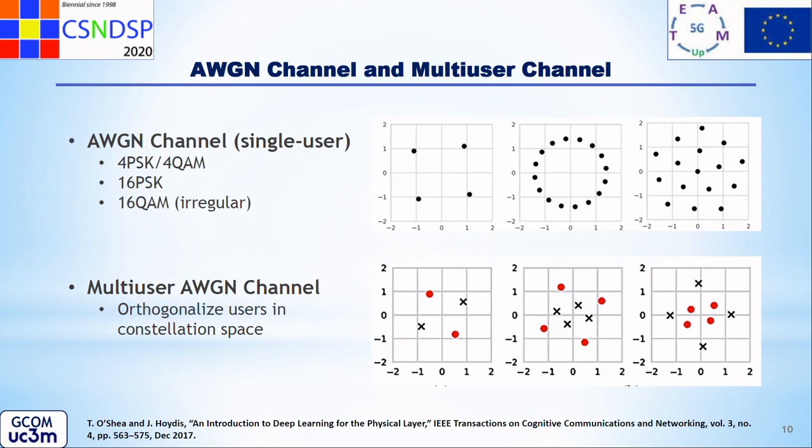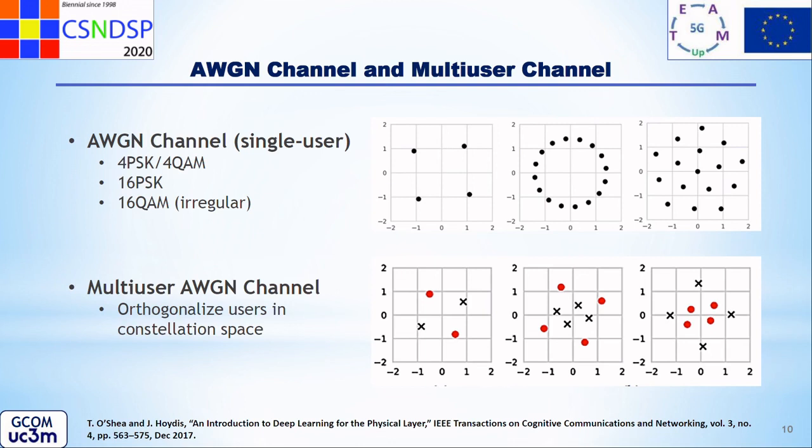It is interesting to observe that even though we have not taught the system to design constellations, when we tell it to use constellations of size 4, it creates a 4QAM, a 4PSK or a 4QAM.